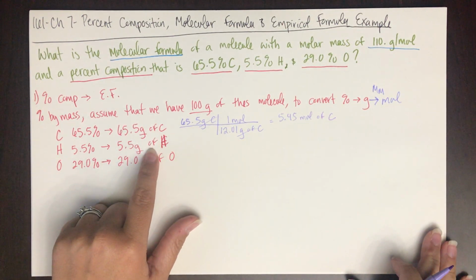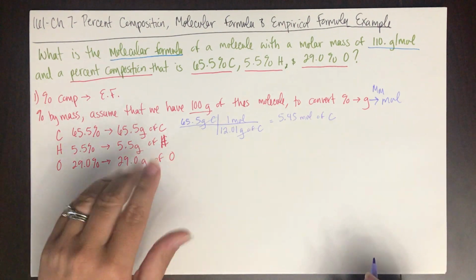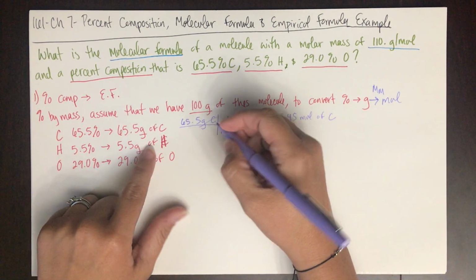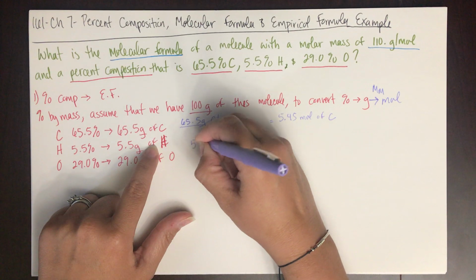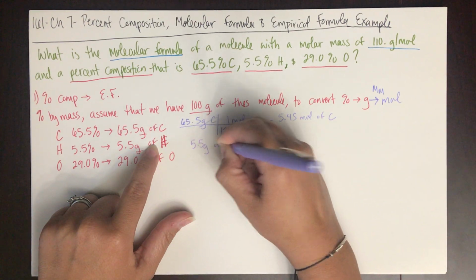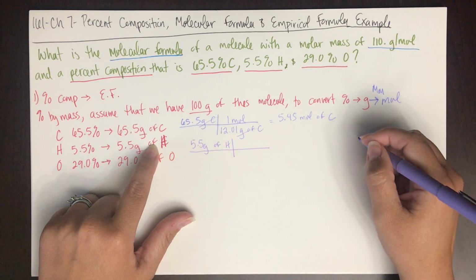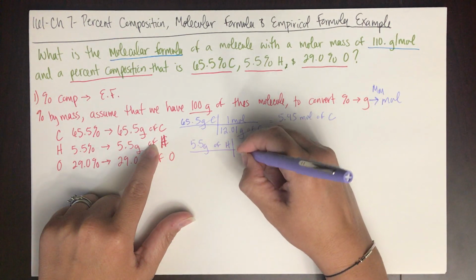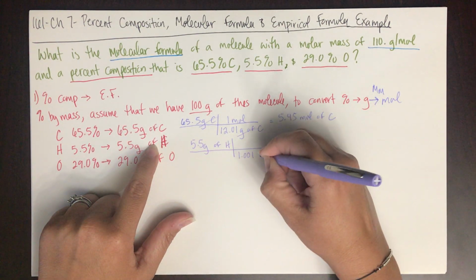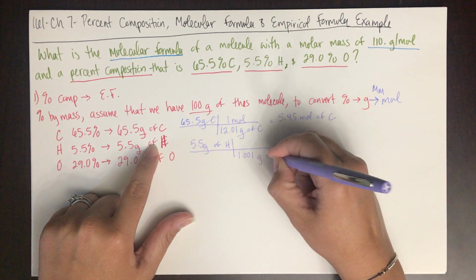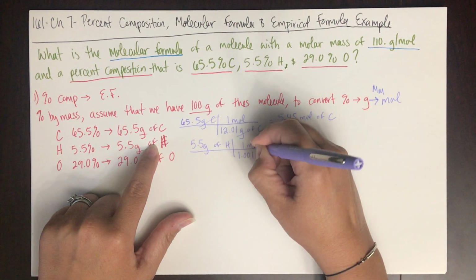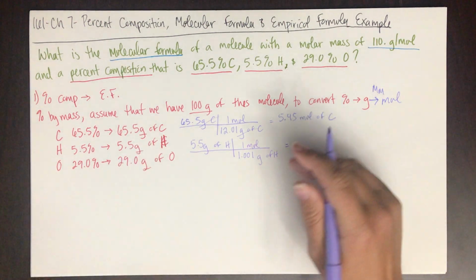Okay, so now I'm going to do the same thing for hydrogen. This might get a little off here. So I have 5.5 grams of hydrogen. The molar mass of hydrogen is about 1.001 grams of hydrogen per 1 mole of hydrogen.